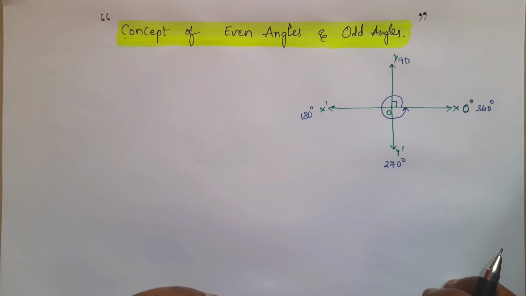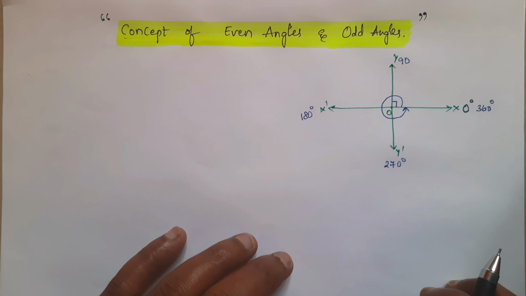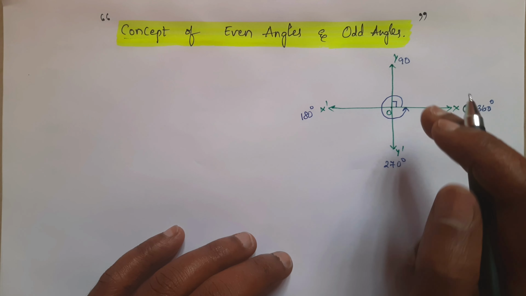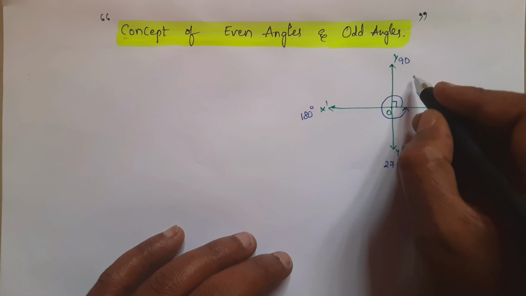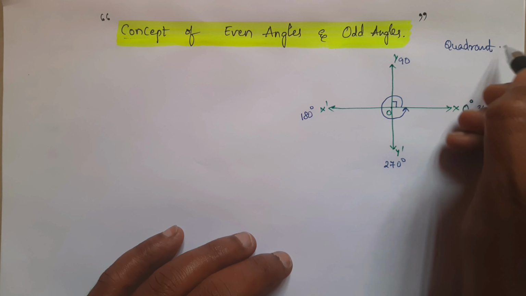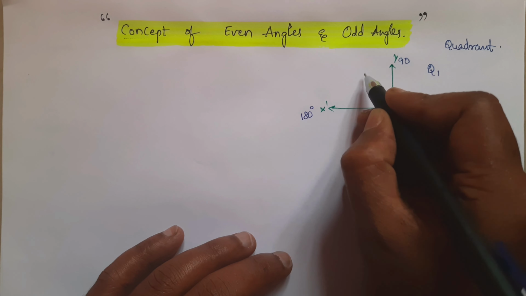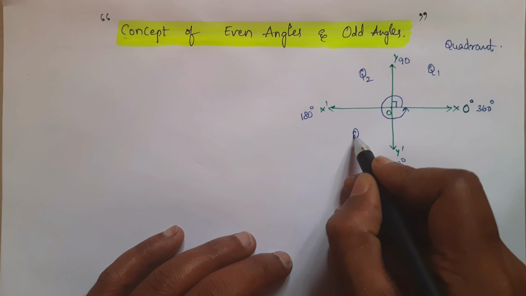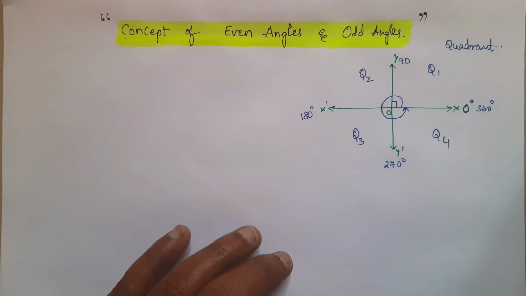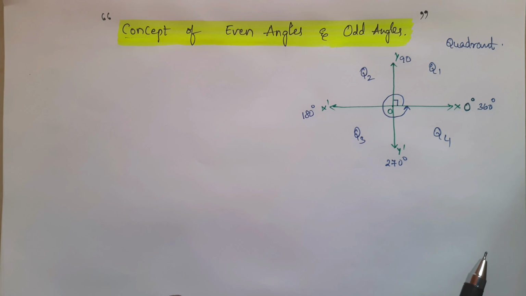You know about this. See, now the concept is, when two straight lines divide this plane into 4 equal parts, those we will consider as quadrants, right? Quadrants. So this we will consider as Q1, Q2, Q3 and this is Q4. So these Q1, Q2, Q3, Q4 are nothing but quadrants.